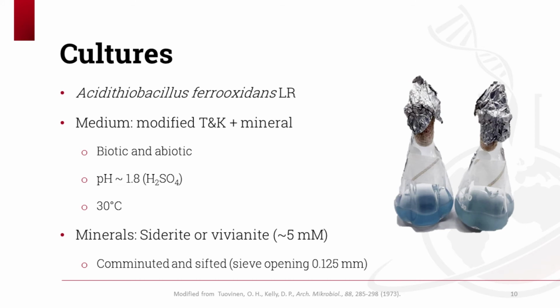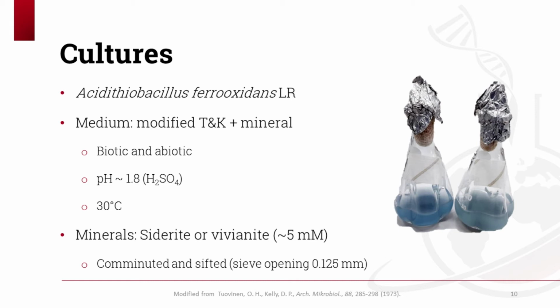In the cultures, we used the LR strain of Acidithiobacillus ferrooxidans, growing in the modified T and K medium with the addition of the mineral as the only source of energy for the organism. The cultures were made in two conditions, biotic and abiotic, as a control, always at a pH of about 1.8, at 30 degrees in an incubator shaker table at 180 rpm.